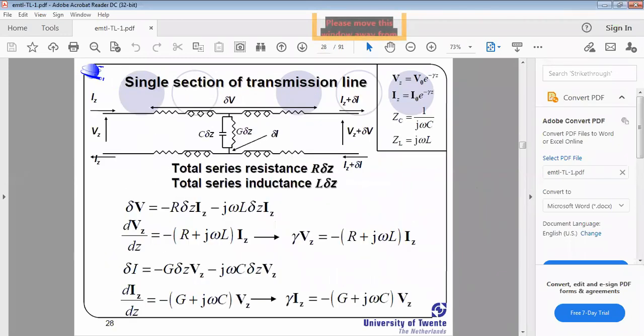That's why dVz by dz in its exponential form is represented as gamma into Vz. So here they directly considered gamma into Vz equal to minus of R plus j omega L into Iz.